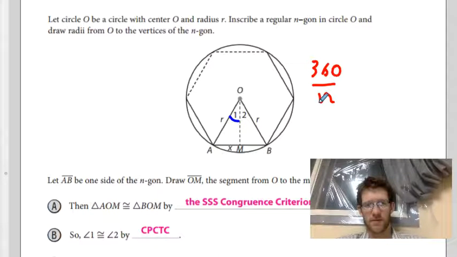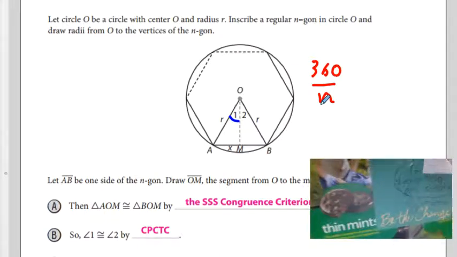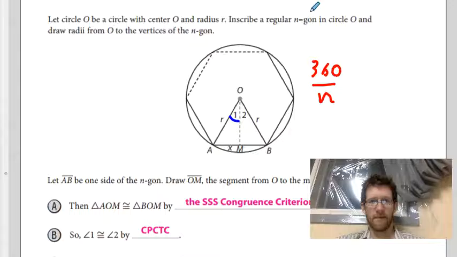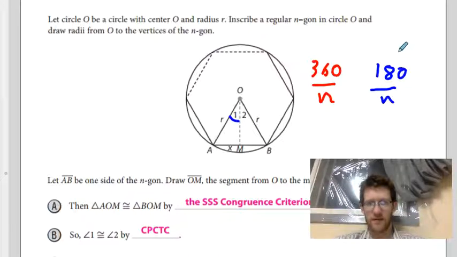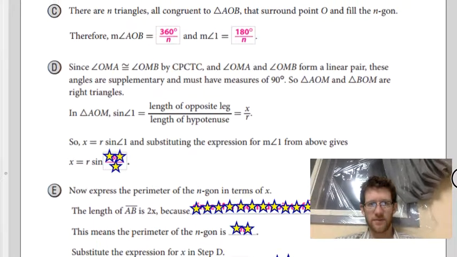I'm going to let you guys think about that. Try not to think about delicious Girl Scout cookies. Well, we can take half of that value, 180, and also divide that by n. So 180 over n.